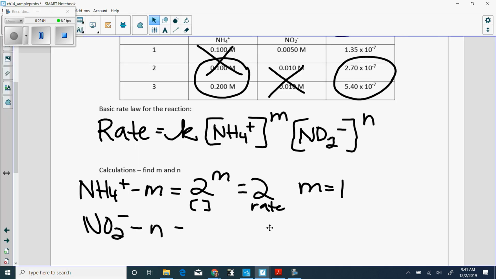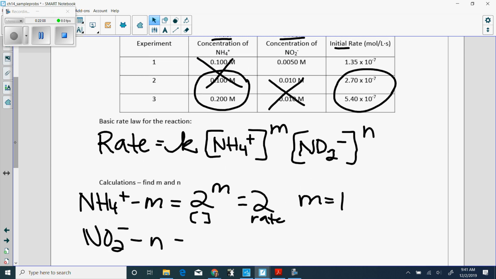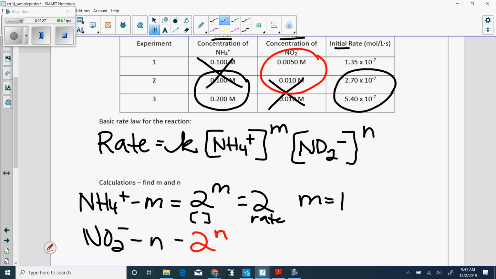Okay, can you do narwhal now? So looking for narwhal means that I'm looking for where it changed, but I got to make sure monkey doesn't change. I need a constant. I can't change the amount of water and the sunlight to see what happens to the plant. I can only change one at a time. So I doubled my concentration. I got to solve for narwhal.